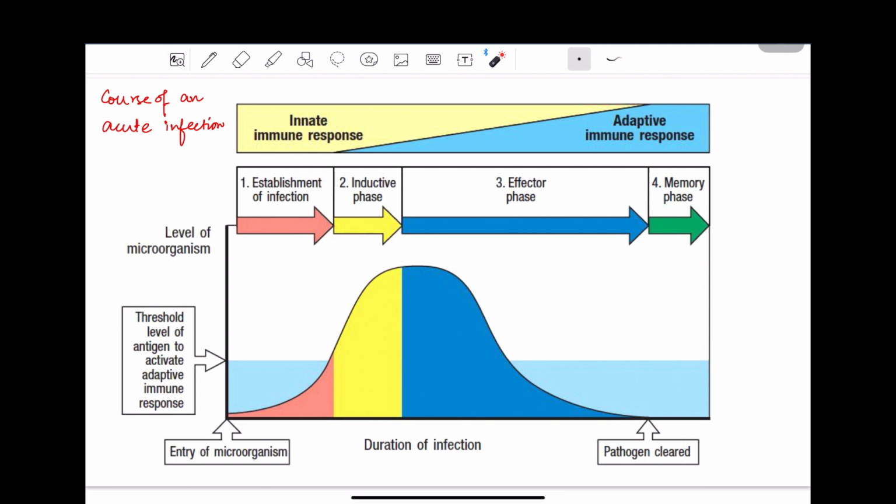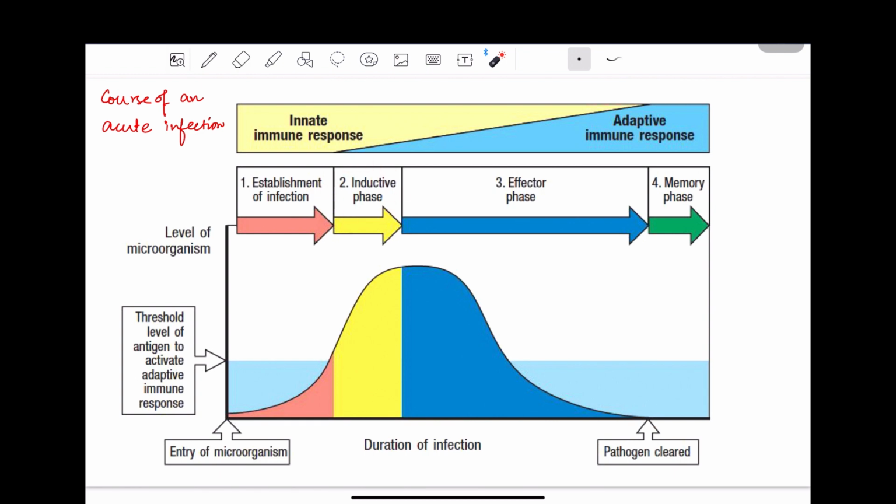But if the innate immune response cannot totally restrain the growth of the microorganism, and the microorganism continues growing, then the adaptive immune response is induced.